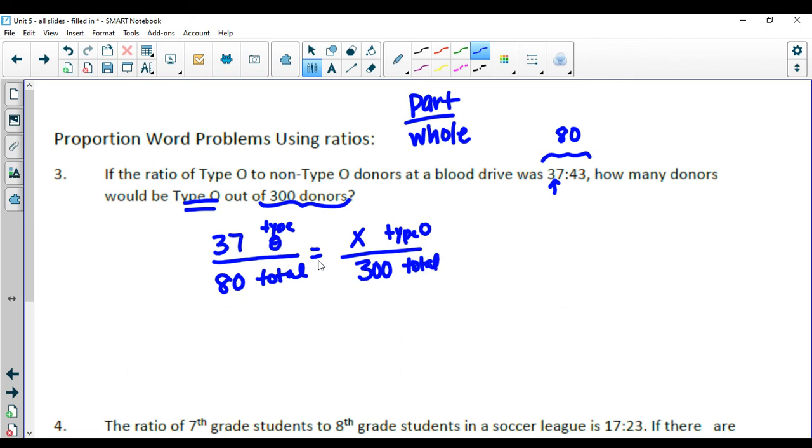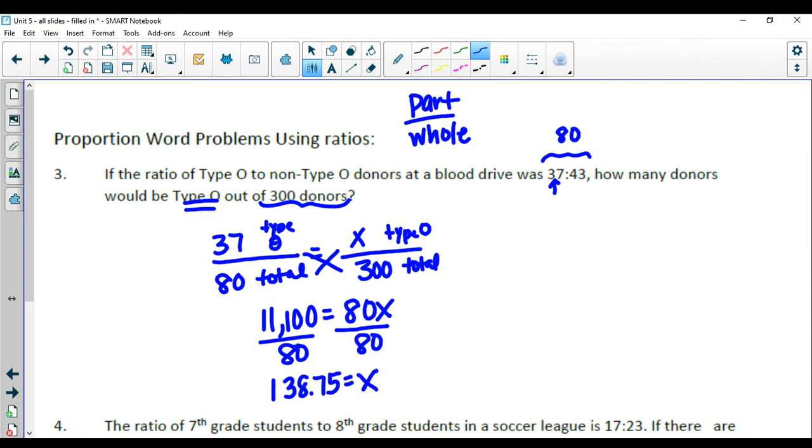So again, keeping my labels to be exactly the same here. Cross products here, 37 times 300 is going to give me 11,100 is equal to 80x. So I'm going to divide through by 80. And I'm going to get 138.75 equals x.